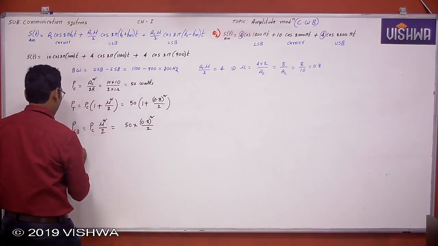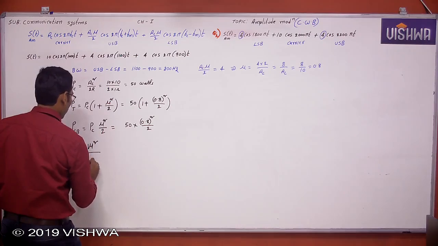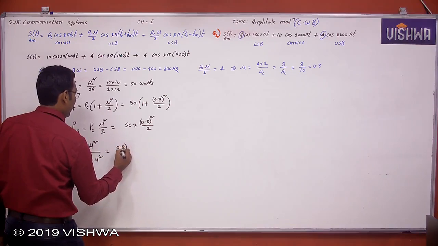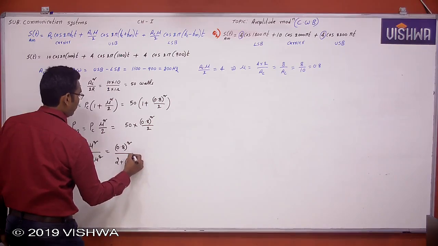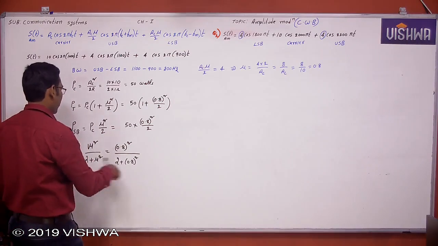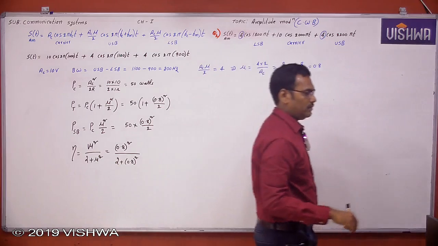Now what is the modulation efficiency? It is mu square by 2 plus mu square. What is mu? Mu is available: 0.8 whole square by 2 plus 0.8 whole square. Now all powers, sideband power, total power, carrier power, modulation efficiency, bandwidth, everything is available. You can easily calculate. No doubt.